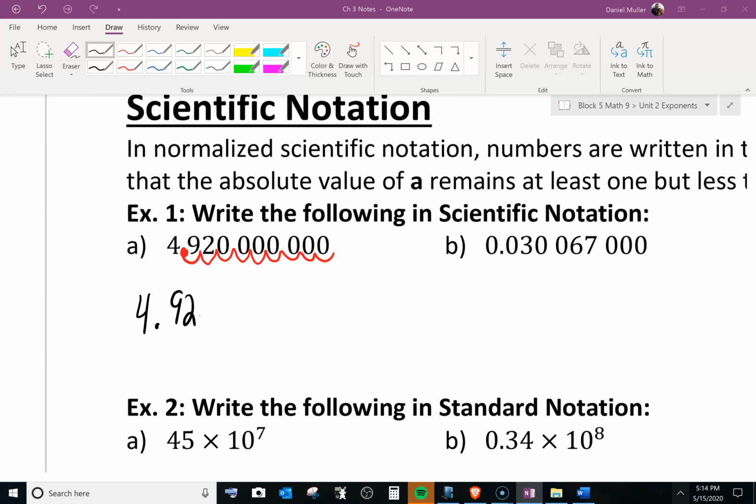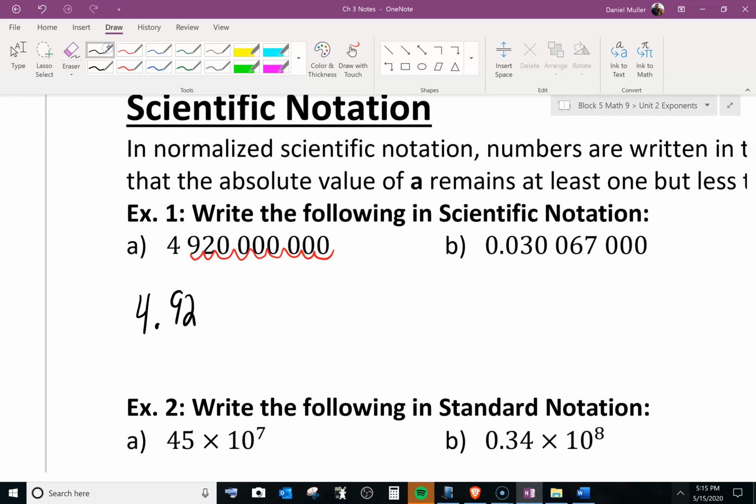So that's how we're going to write this. We're going to make sure that we move the decimal place so that we create a number that's less than 10. We didn't have the decimal place at the end because that would be 492. We didn't have it over here. That's 49. But we did have it here because that's 4.92. I've forgotten already how many times we moved it over, so I'm going to do it again. 1, 2, 3, 4, 5, 6, 7, 8, 9.